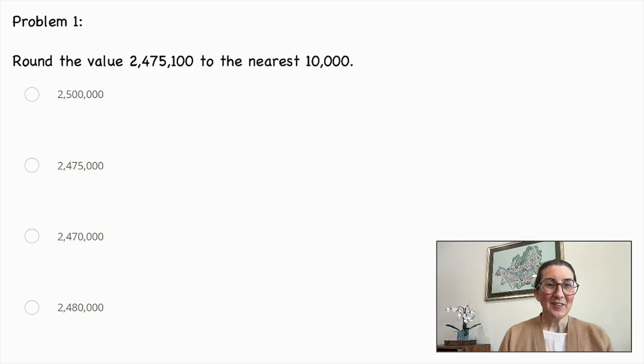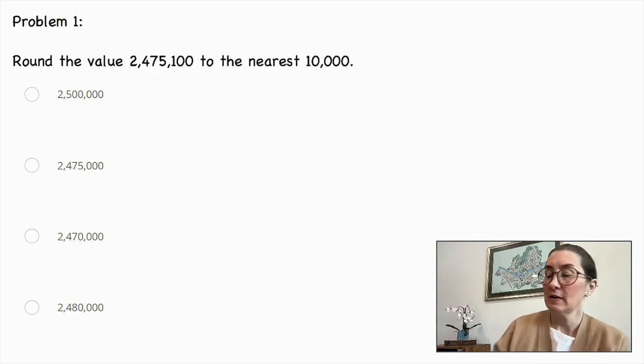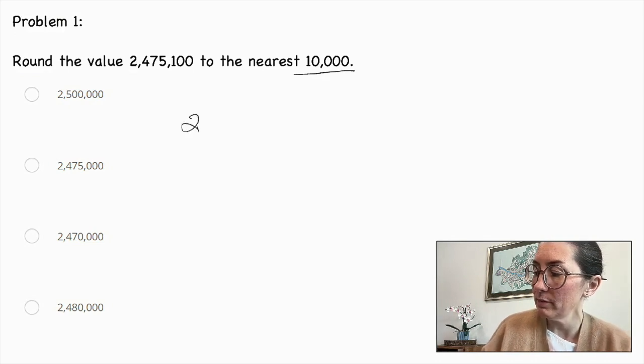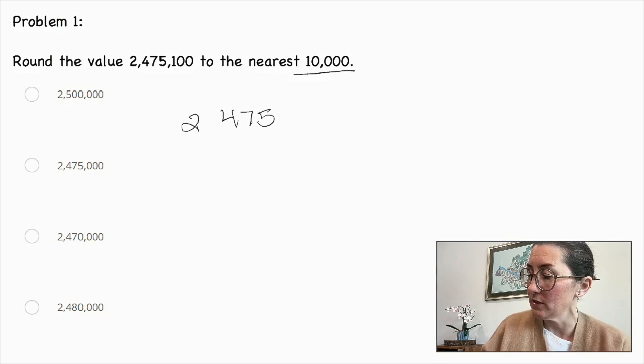Problem number 1. Round the value 2,475,100 to the nearest 10,000. So let's write that value down, 2,475,100.